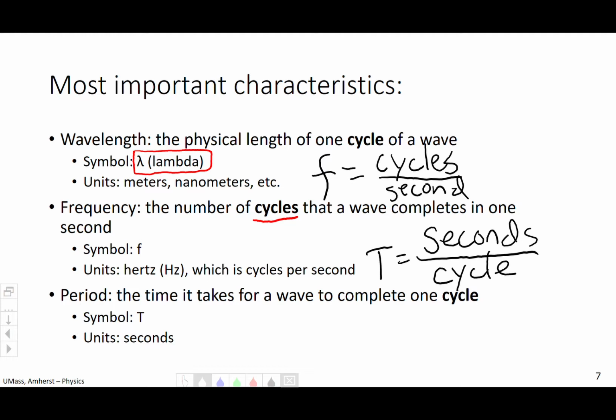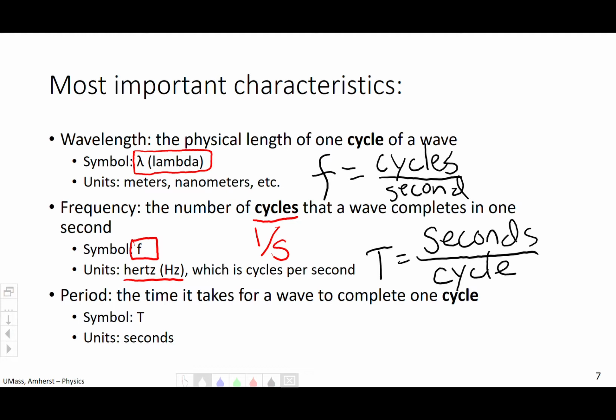So the full number of sinusoidal cycles up to one peak, one crest, down to a trough, and back to equilibrium in 1 second. We use lowercase f for frequency, and that's in units of hertz, which is quite simply cycles per second, which, since cycles is unitless, just comes out to 1 over seconds.